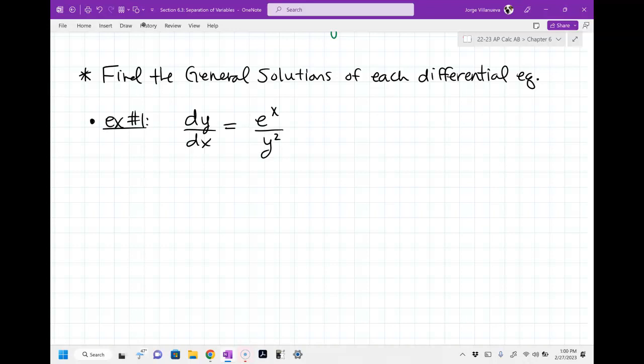Sometimes it's a little more complicated, but in this case it's not that bad. All I'm going to do is multiply y squared to the left and multiply dx to the right. I'm just moving them, kind of like cross multiplication. So look, I get y squared dy equal to e to the x dx.